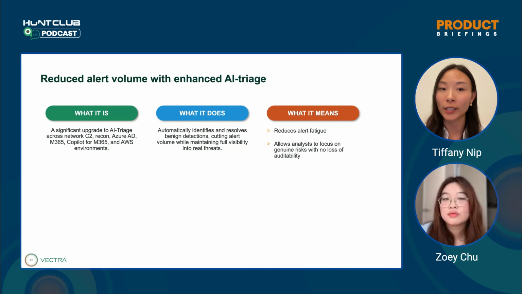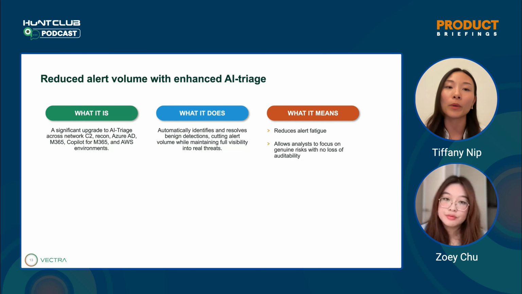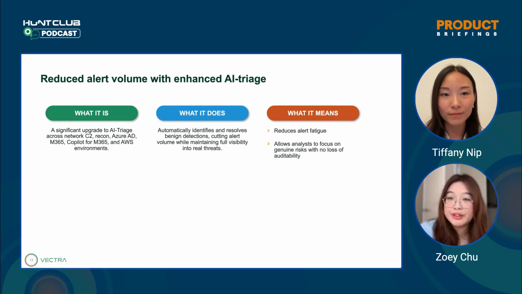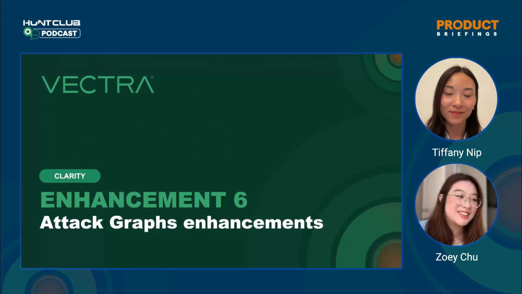So there's learning in your environment as well, and based on statistical analysis and different AI models, we know what is benign, and that's how we automatically investigate those behaviors. I see. So what we're doing in this enhancement is enhancing that agent to do a better job, essentially. Yeah. Gotcha. Okay, perfect. Thank you.